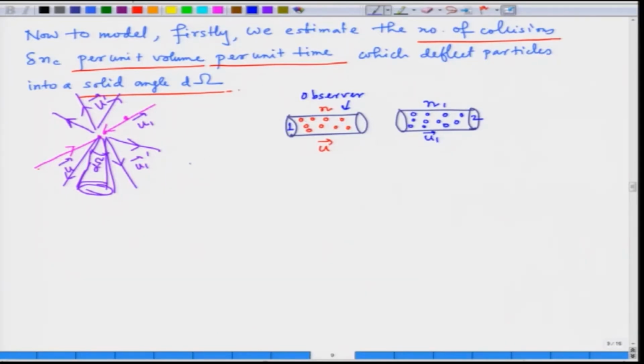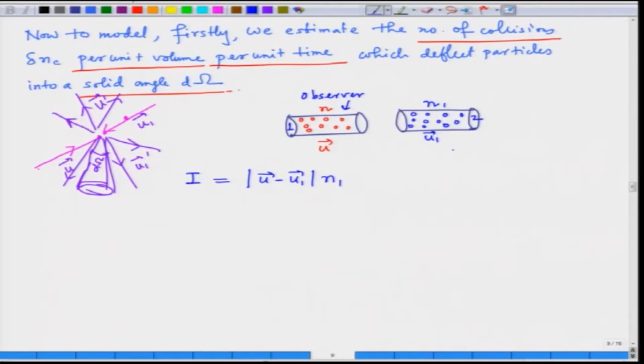So, every particle of beam 1 will experience a flux of particles I, equal to simply |u minus u1| times n1. Why is that? Because these particles experience an incoming velocity of the second beam, beam number 2, with a velocity u minus u1.